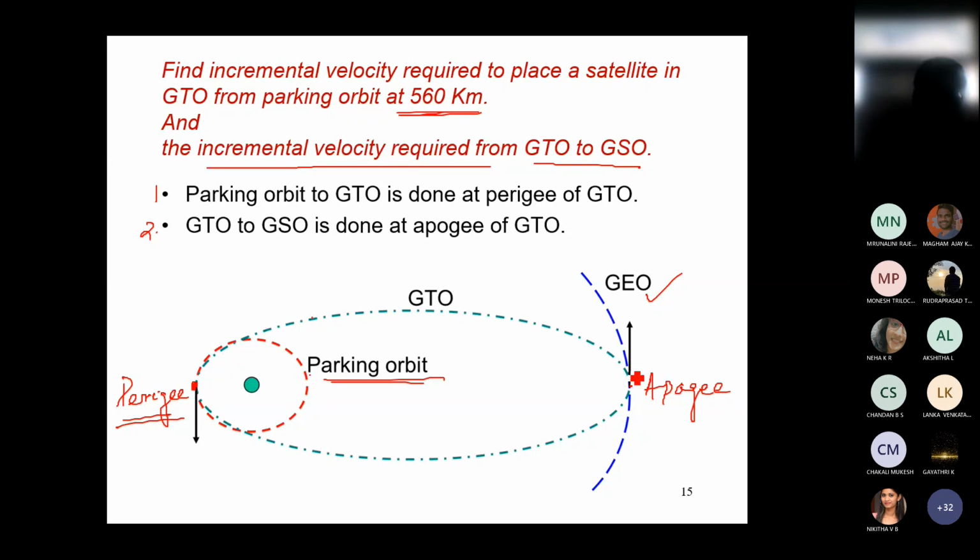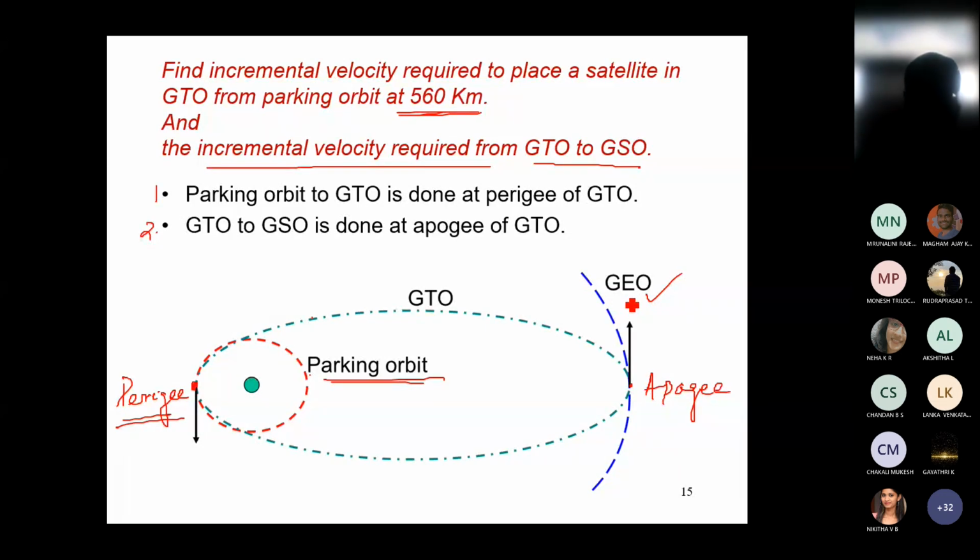We have to calculate at what velocity the satellite is moving at apogee, because we know at apogee the satellite moves at a low velocity. So we have to calculate that velocity, and we have to calculate the velocity of the satellite in GEO orbit.